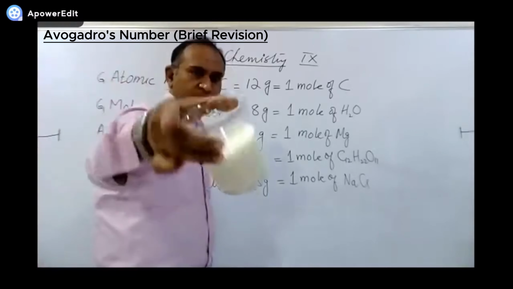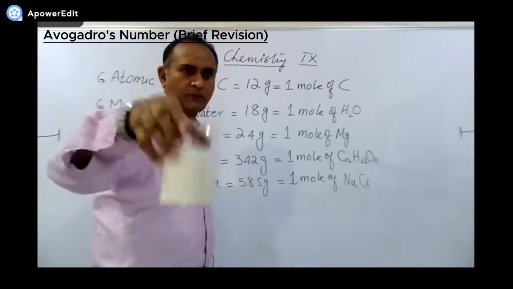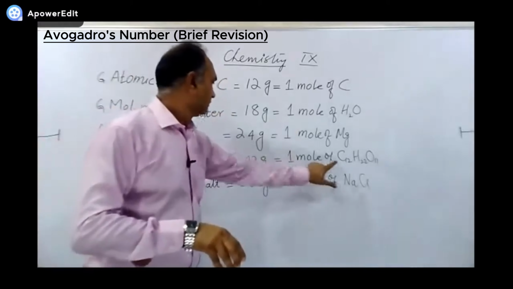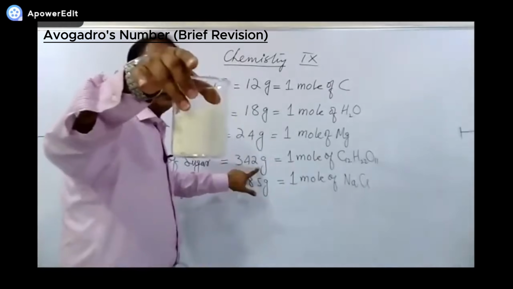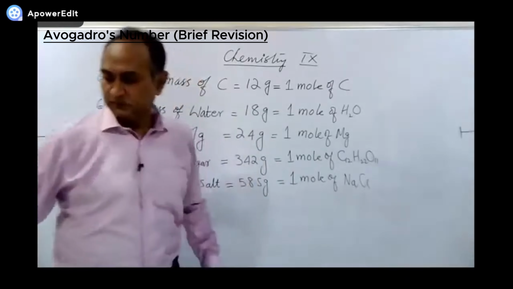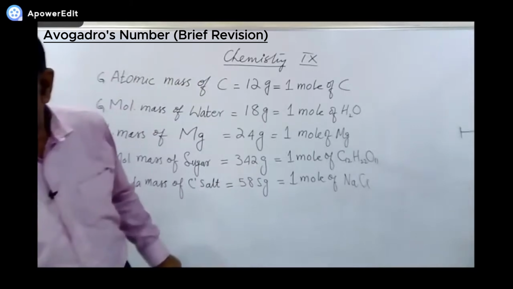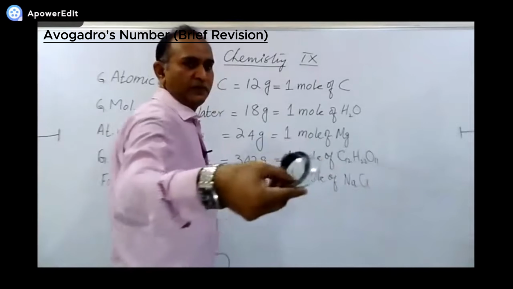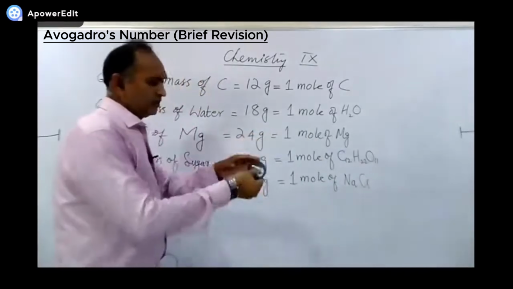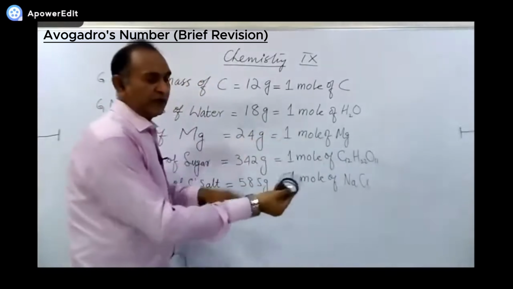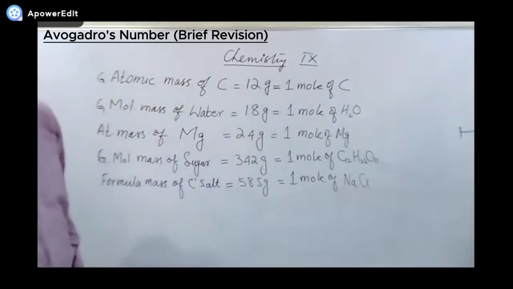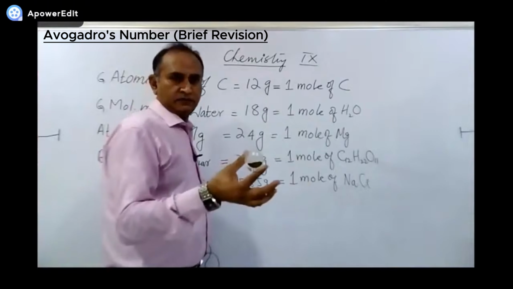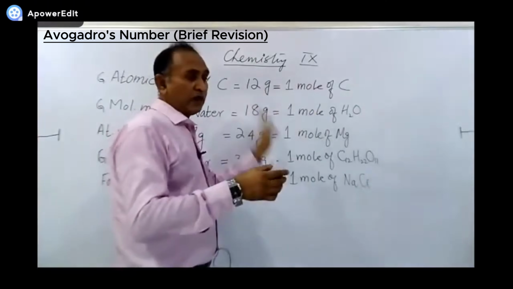This is sugar. How much? 1 mole of sugar, 342 grams. Magnesium wire. How much? 1 mole of magnesium, 24 gram. Carbon, 12 gram, 1 mole of carbon.